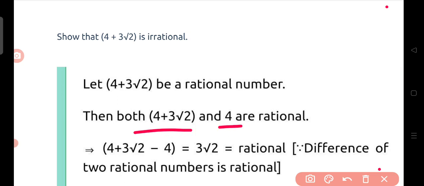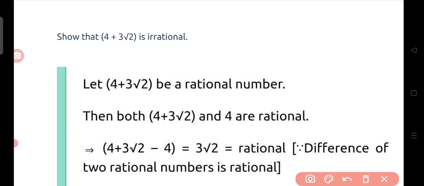If we subtract them, then 4 plus 3 root 2 minus 4 will also be a rational number, because rational numbers show the closure property in subtraction. What is the closure property?